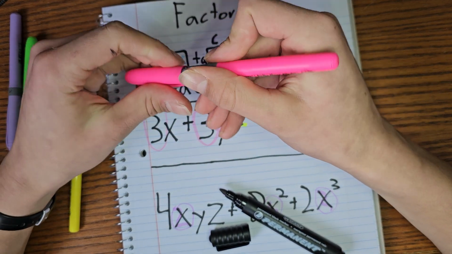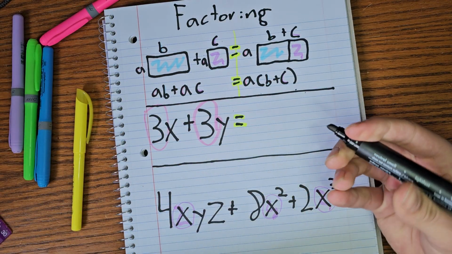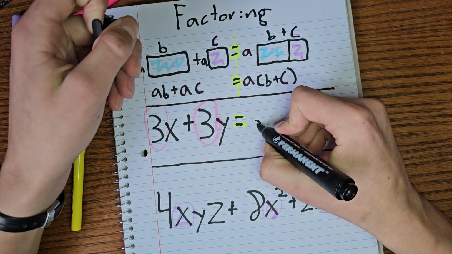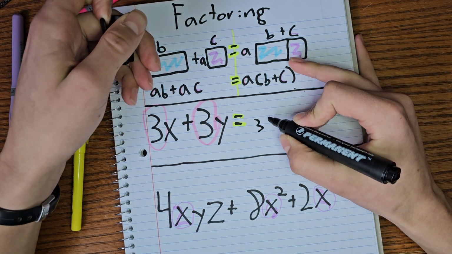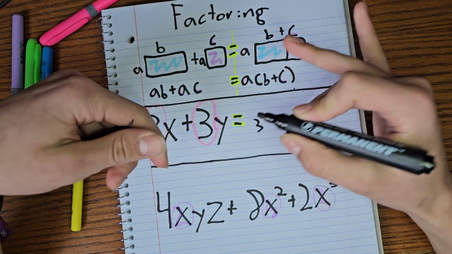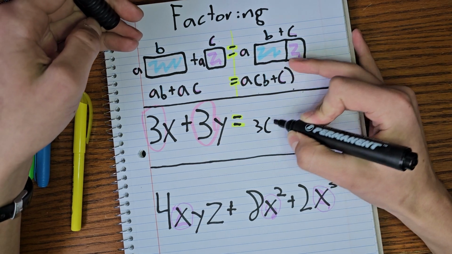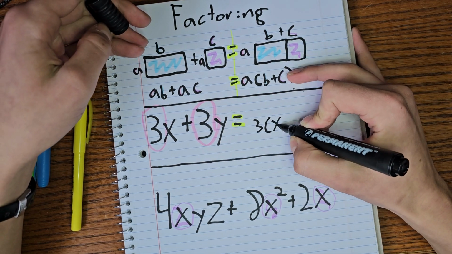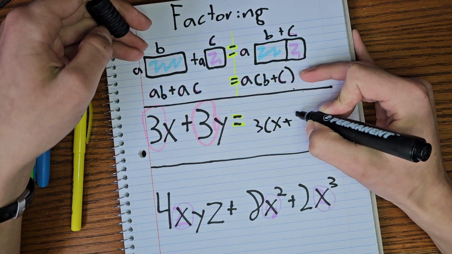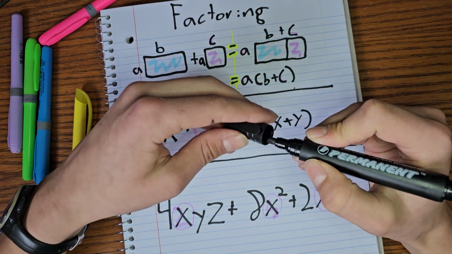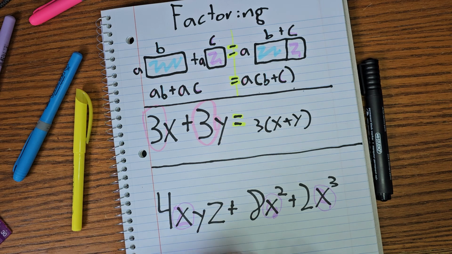So that is your GCF, your greatest common factor. Then you just put the 3 here, and in parentheses you put the other factors that aren't part of the GCF. So then it would be simply X plus Y. So that's the answer for this one.